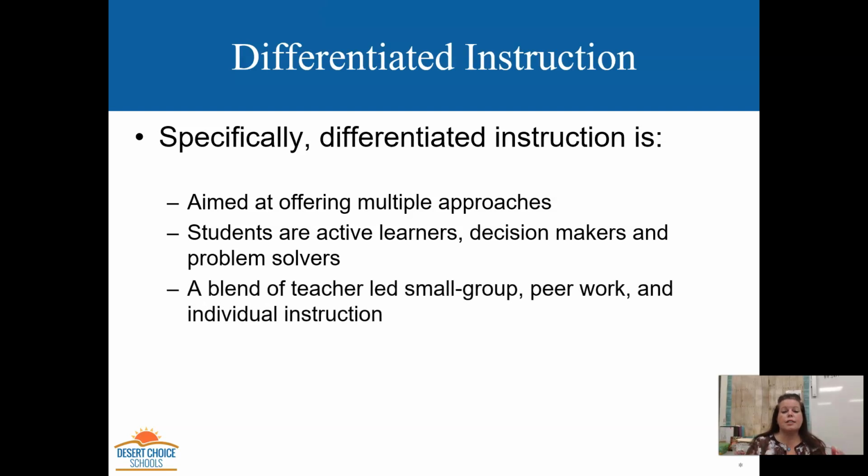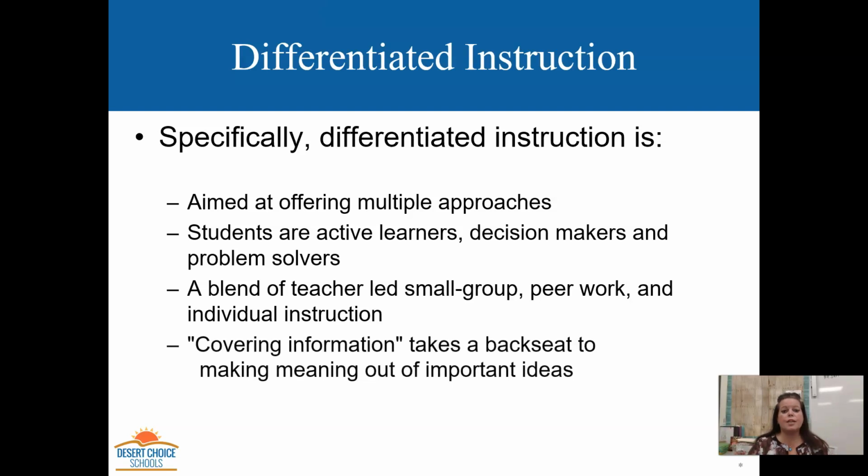It's a blend of teacher-led small group instruction. So maybe I have 3 or 4 or 5 students together, peers working together, learning, and then some individual instruction even. They're teaching themselves. Yes, that is part of it. Covering information takes a back seat to making meaning out of important ideas.